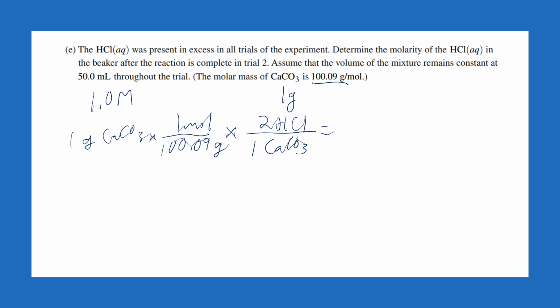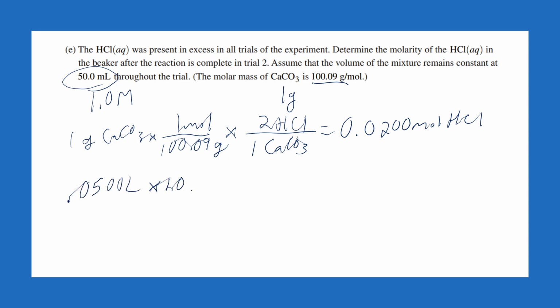So we got 0.0200 moles of HCl that reacted. Now I'm going to change milliliters to liters. 0.0500 liters times the 1 molar gives us 0.0500 moles of HCl that we had to begin with.